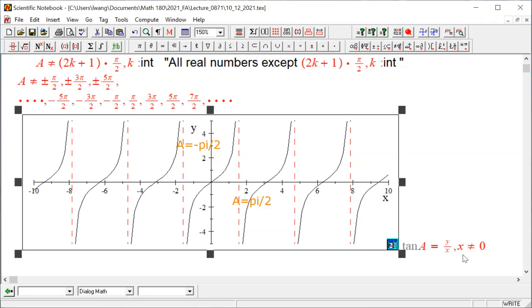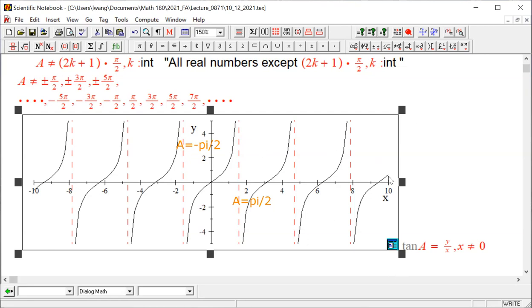You guys see that? That's what it means. That's the visual of all the multiples of pi over 2, on both sides, the negative side and the positive side, arranged in this order.